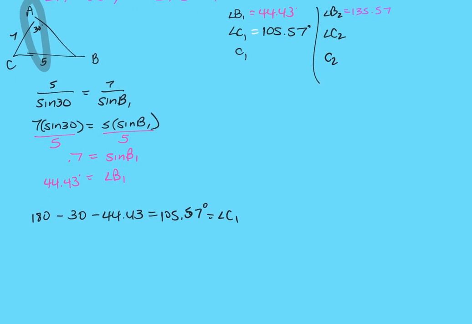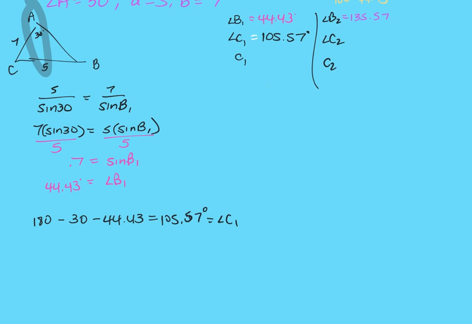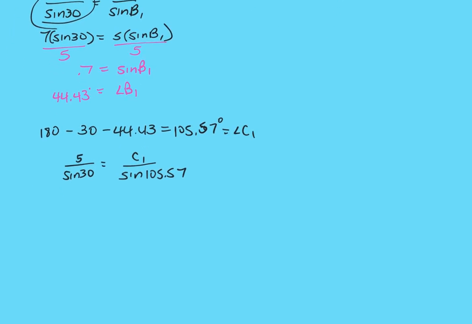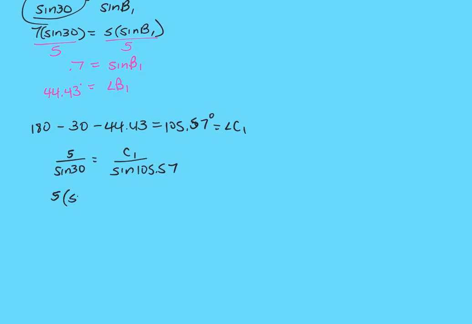Then I want to find the last side, so I use the A's again. 5 over the sine of 30 would equal side C1 over the sine of 105.57. Cross multiply, and then divide.